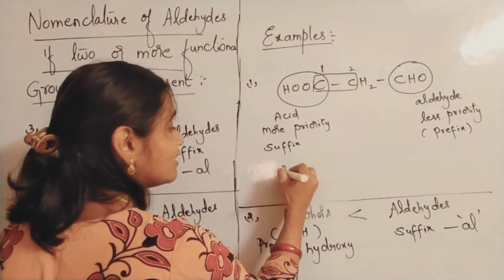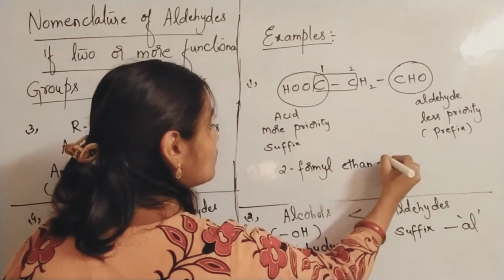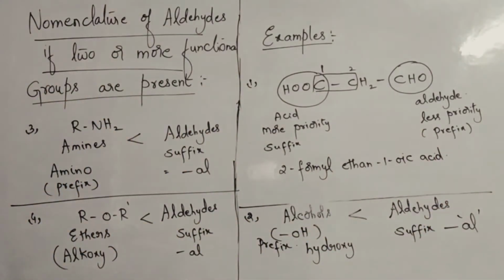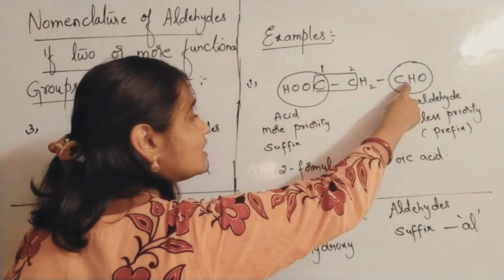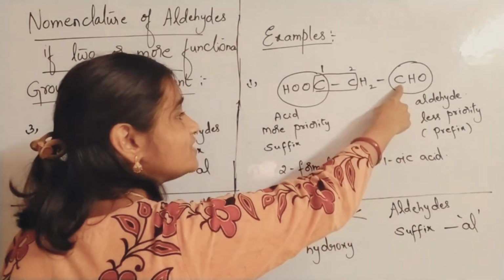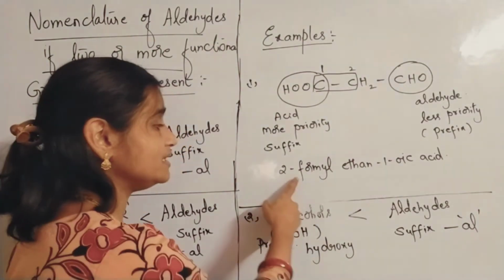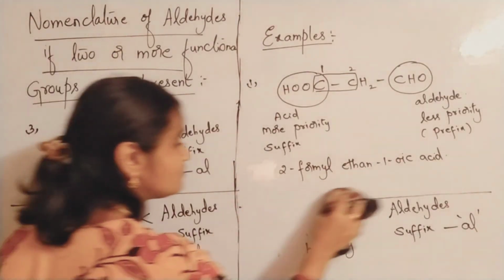So 2-formyl ethane 1-oic acid is the name of this compound. This will be the correct naming of the compound, 2-formyl ethane 1-oic acid. Please note down. You are not including it, it is having less priority. You are not including this carbon atom which is there in the aldehyde functional group. According to IUPAC, this will be the correct naming of the compound. Please try to understand carefully.